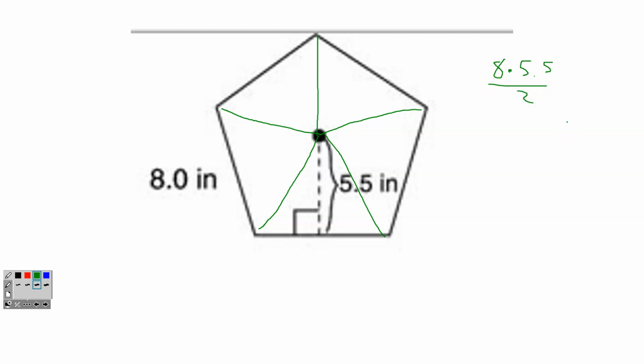So I'm going to type in my calculator 8 times 5.5 divided by 2, and that's going to give me an answer of 22. That means each one of these triangles has an area of 22. Now I have to multiply that 22 by the number of triangles: 1, 2, 3, 4, 5. When I type that in my calculator, I get an answer of 110 inches.